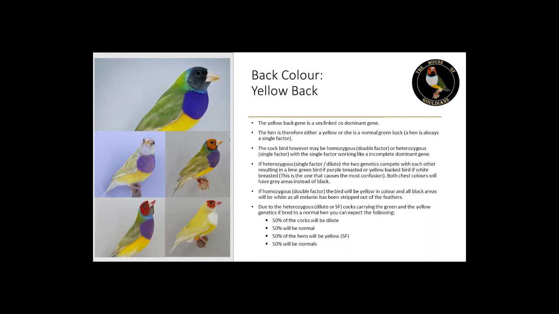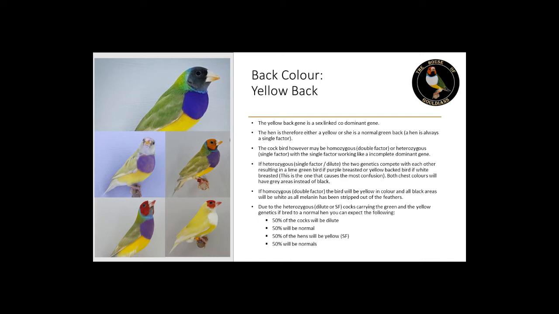Talking about the double factor, you would look for basically all the black areas on the bird would then turn white, as can be seen by the bird on the bottom right hand side, and that would be when the bird has 2 copies of the gene.